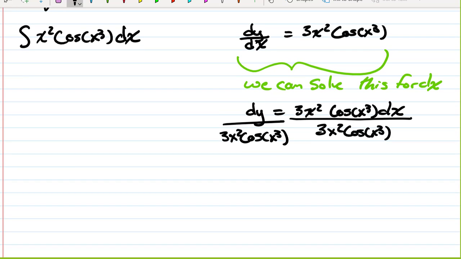Now after all of that, we get that dx is equal to dy divided by 3x squared cosine x cubed.